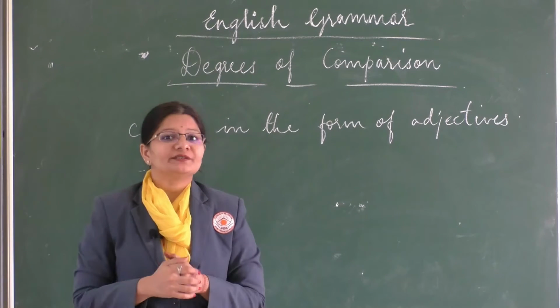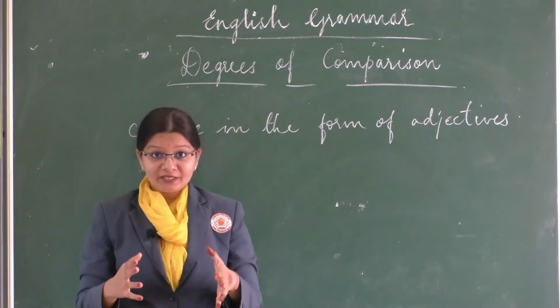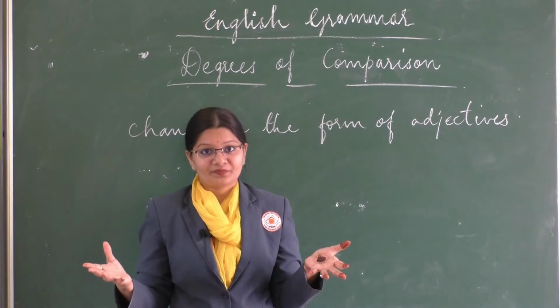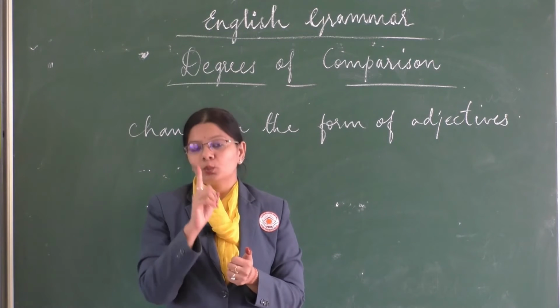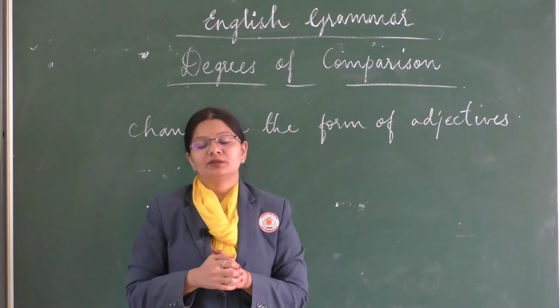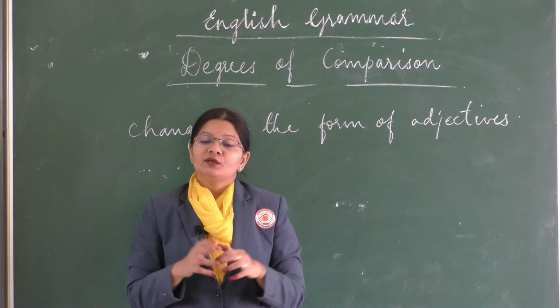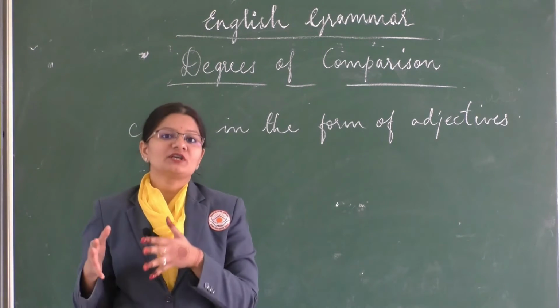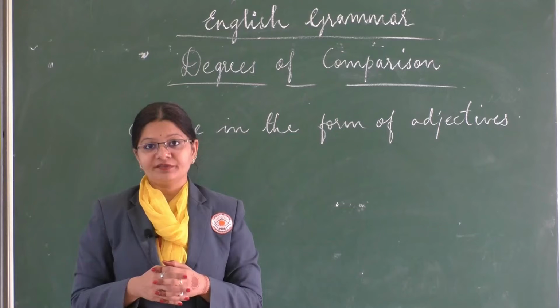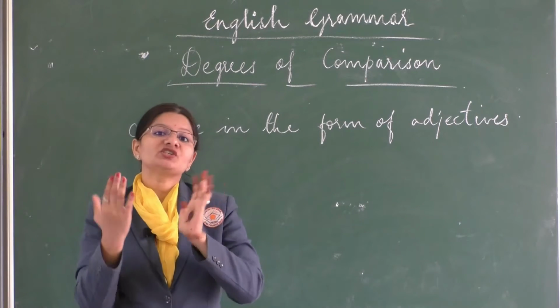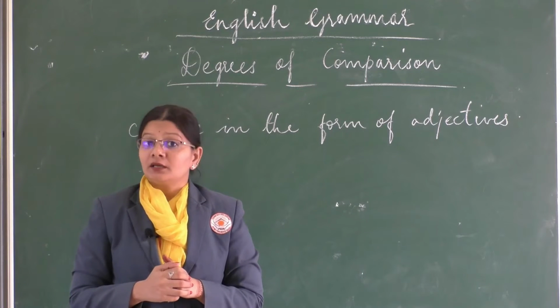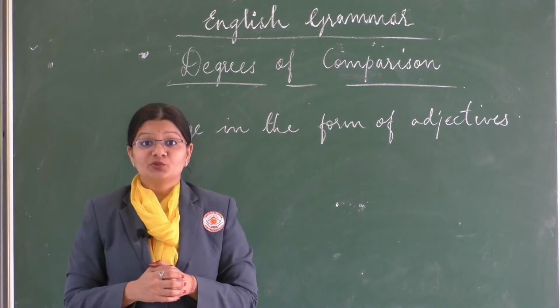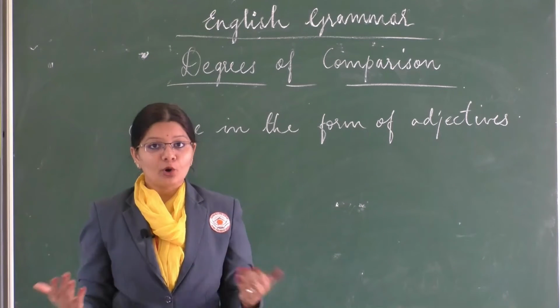So, what are we doing here? Well, we are trying to compare. We are comparing one object or one noun. So, when we do so, in that process, you would observe that the adjective will change its form. As in, it will take three different forms.